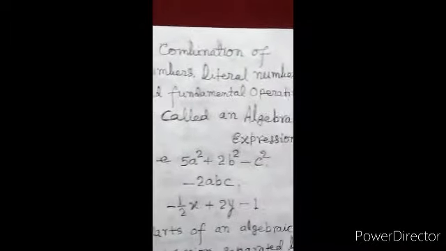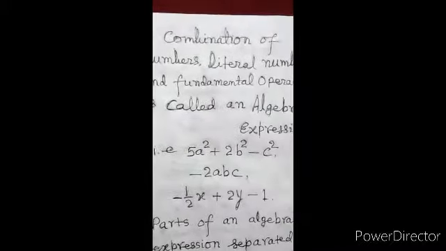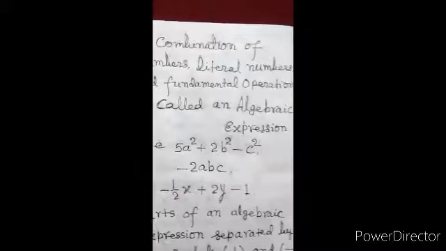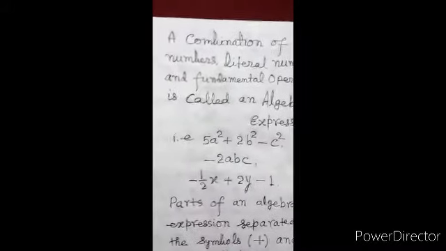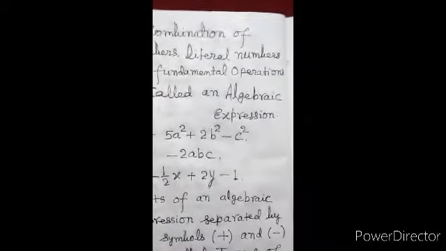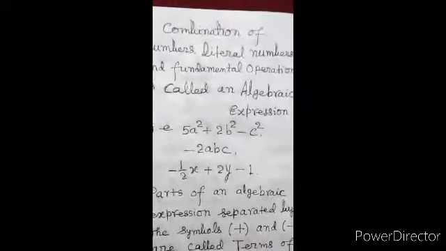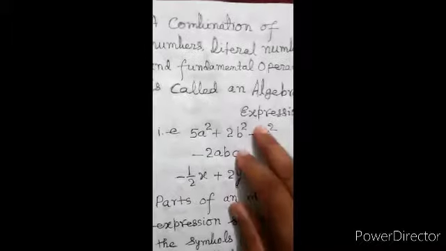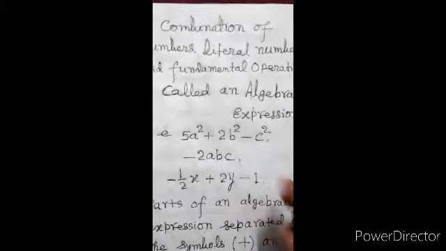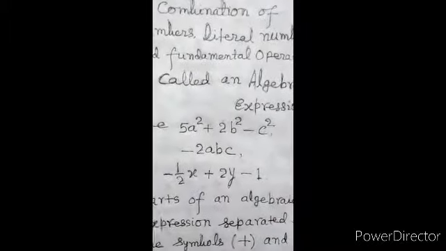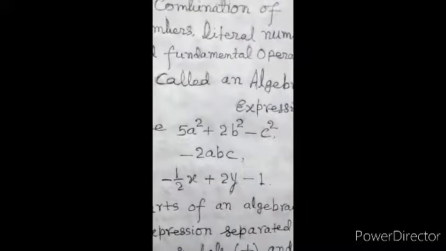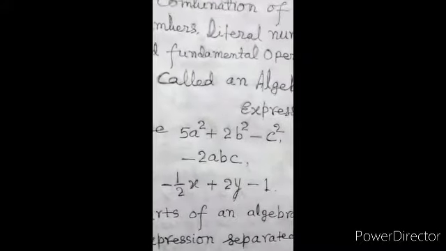A combination of numbers, literal numbers, and fundamental operations is called an algebraic expression, such that 5a square plus 2b square minus c square is an algebraic expression. Minus 2abc is also an algebraic expression.